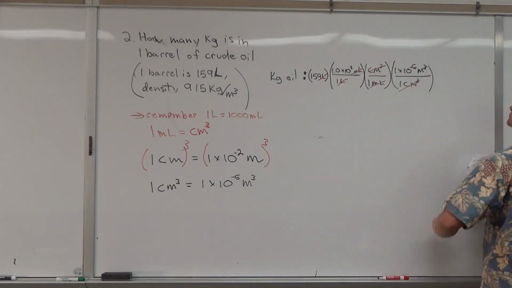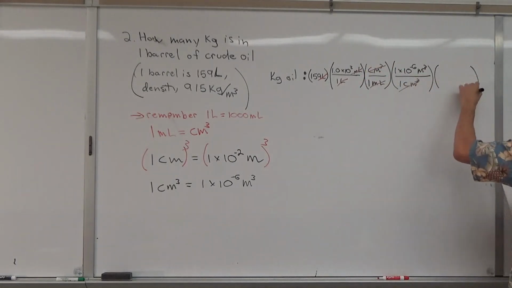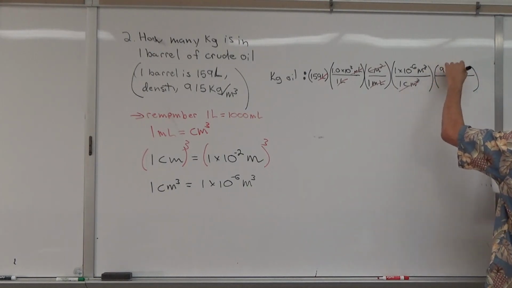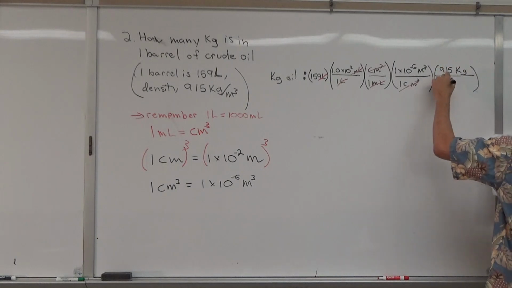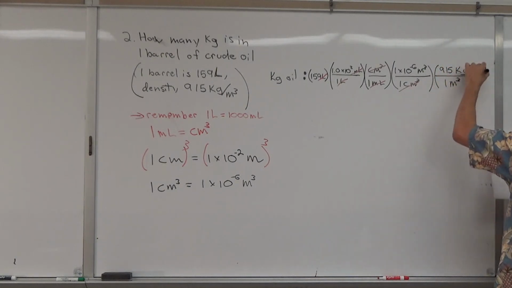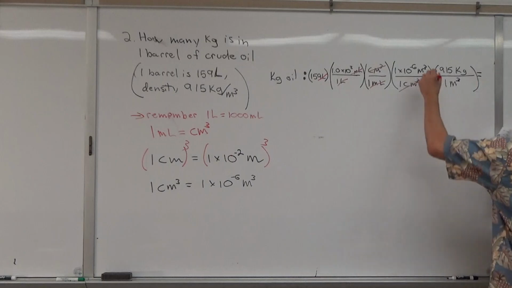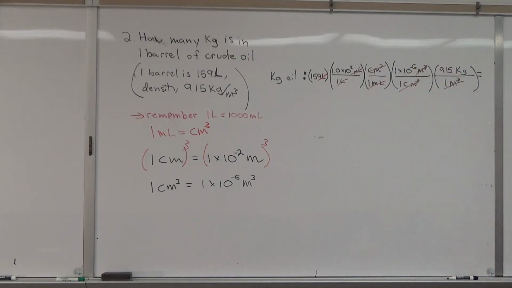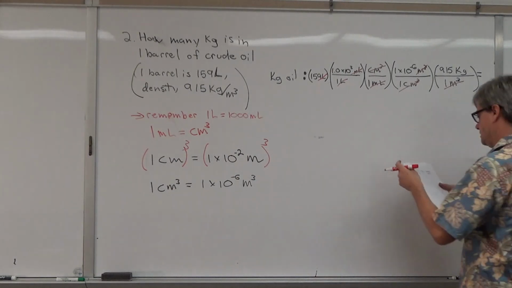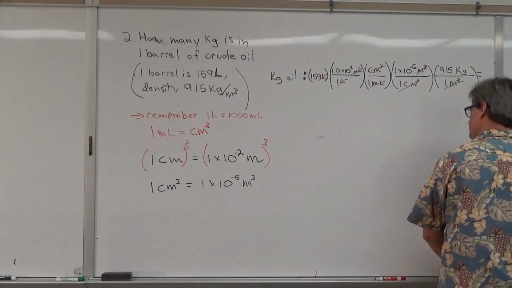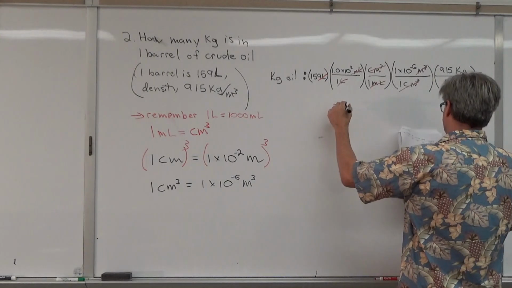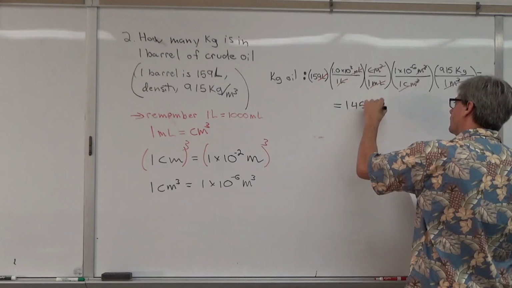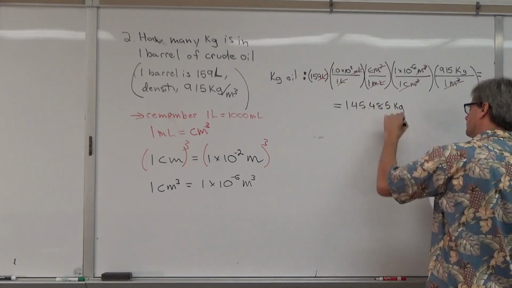And then finally, I can use that density that I was given, and that is 915 kilograms per 1 cubic meter. All the units are gone except kilograms. That's what I was after. Lo and behold, we've gotten there. That is going to equal 145.485. This is when my calculator kicks out.